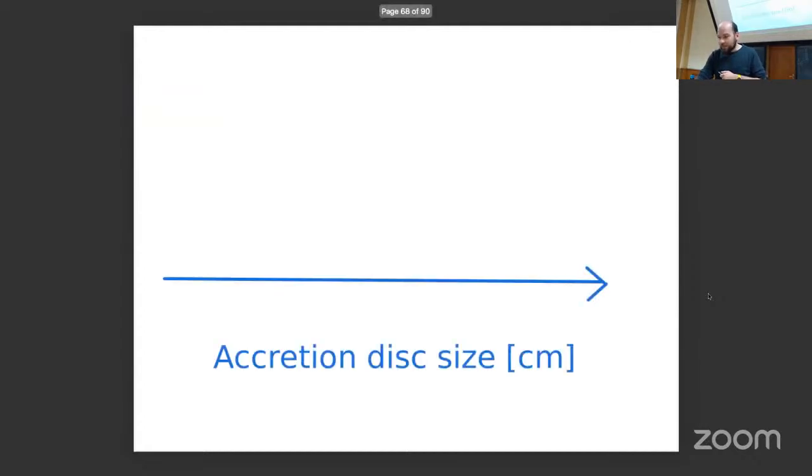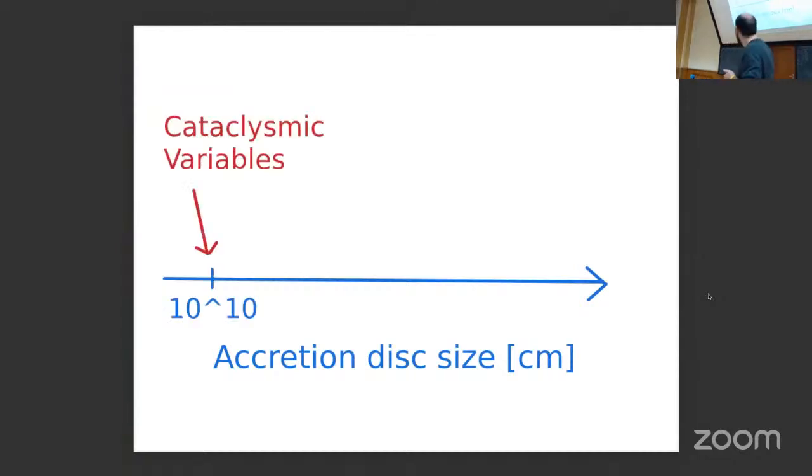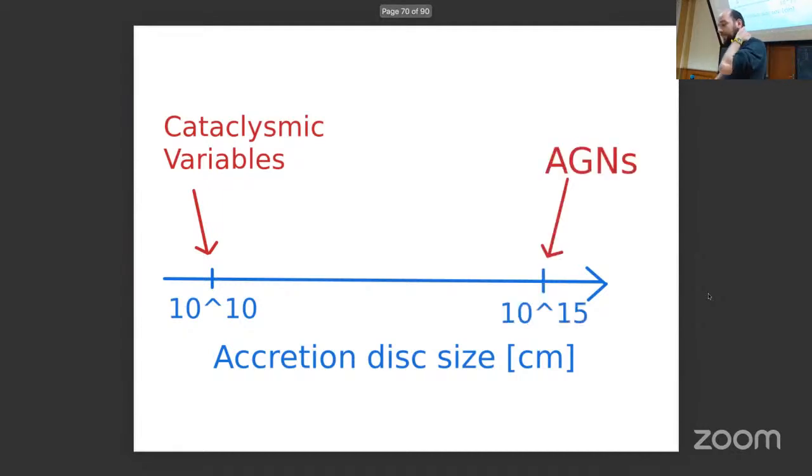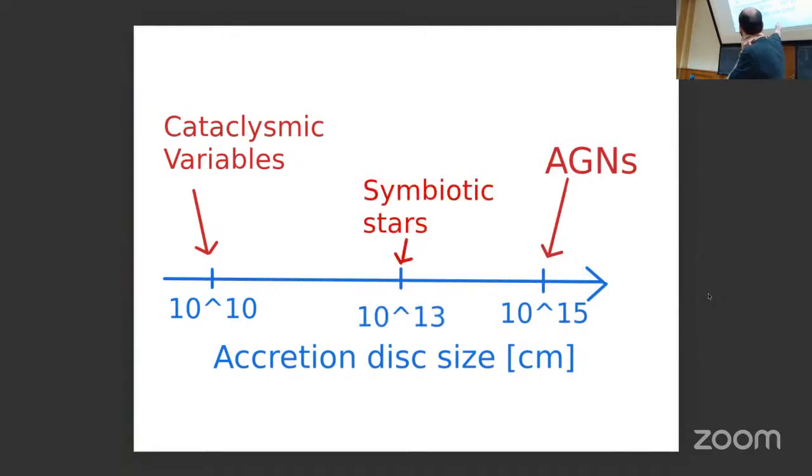So why it's interesting is because dwarf novae were observed in cataclysmic variables with accretion disks this big. AGNs have accretion disks this big. And symbiotic stars are here. So on a logarithmic scale, they are closer to AGNs than to cataclysmic variables.